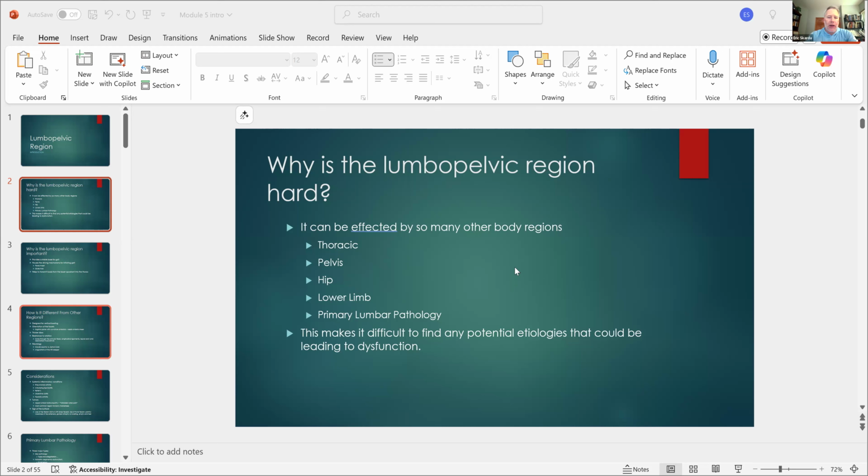Like I was talking about before, the lumbopelvic region is probably difficult for most people because it's affected by so many other body regions.